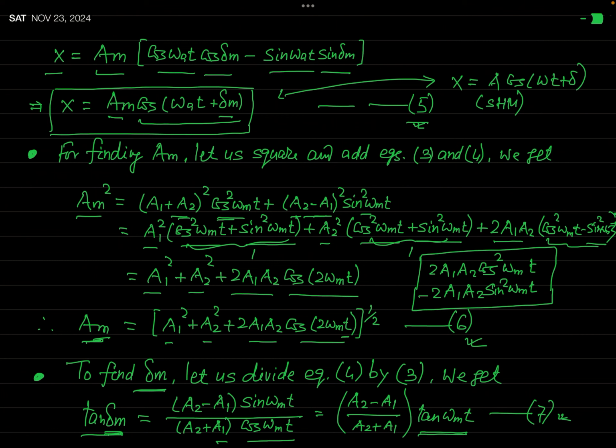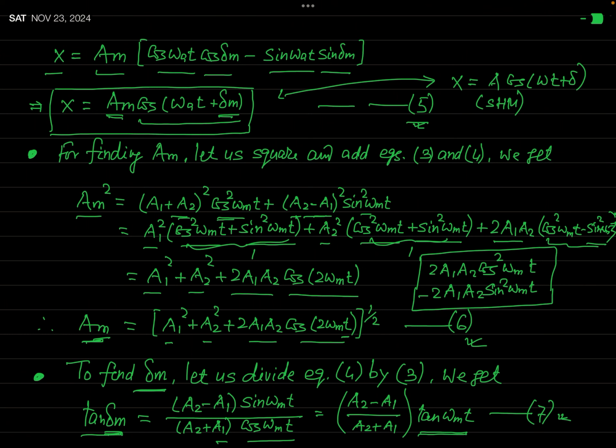So now let us see. In equation 5, since A_m and delta_m are time dependent, they are not constant. So the formal resemblance of this equation with the equation of simple harmonic motion is misleading.